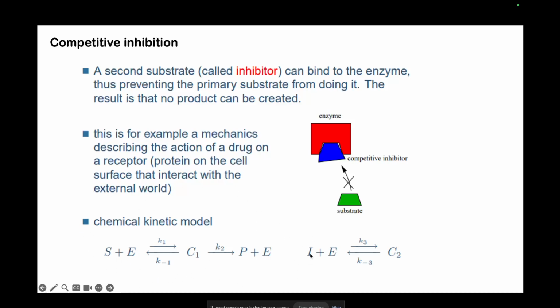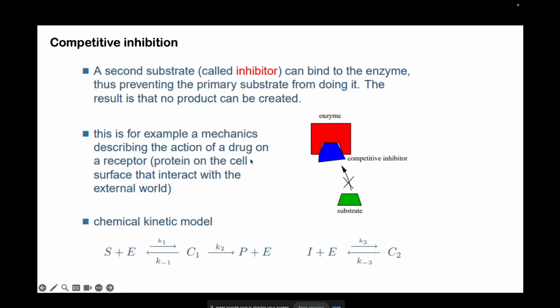On top of that, the inhibitor will also bind with the enzyme and give an enzyme inhibitor complex, but it will not give any product because it's not the actual substrate of that particular enzyme. It will use up your enzyme and form that enzyme inhibitor complex. So competitive inhibition can be explained by using these two particular reactions.